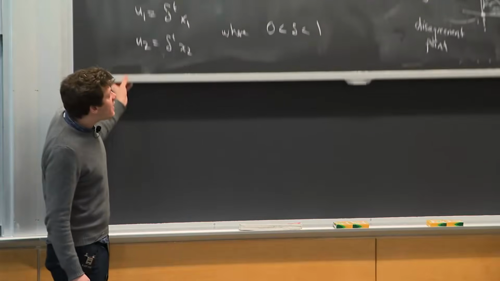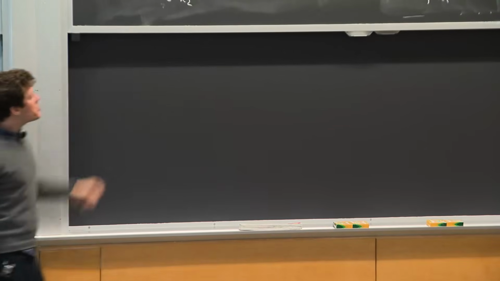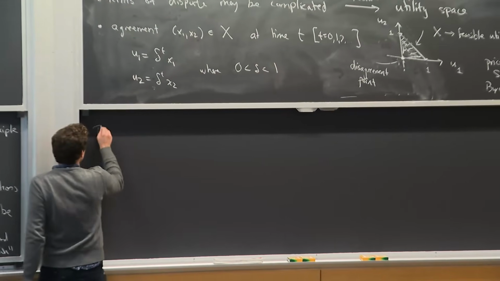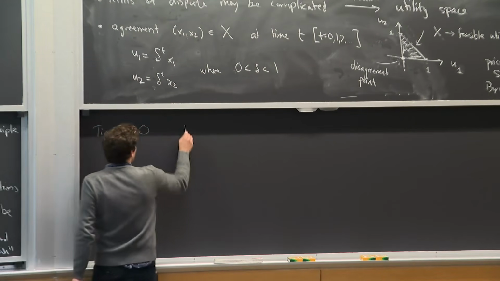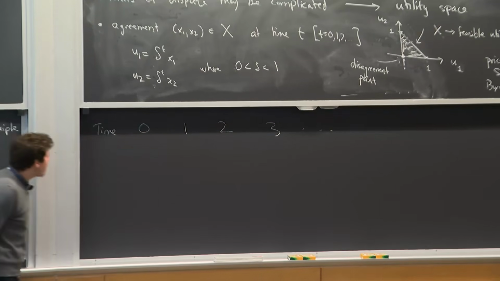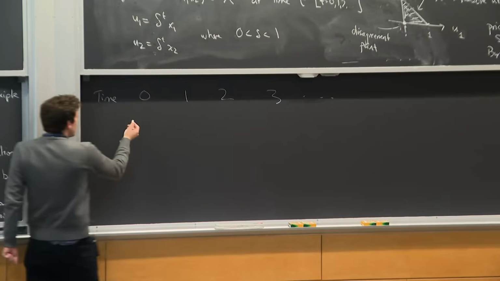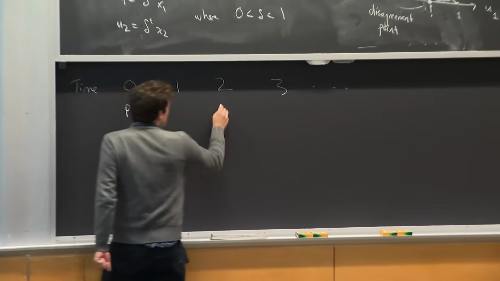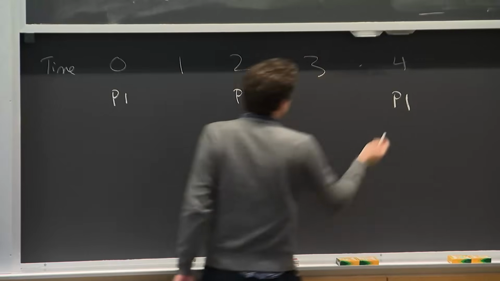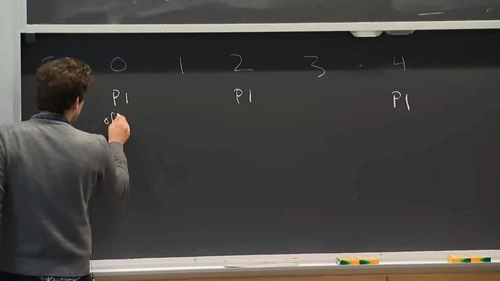Now we have to specify the sequence in which we make offers. And I think the standard way we'll do it is we have time 0, 1, 2, 3, and so on. And it's alternating offers. So let's say that in the even periods, player 1 makes an offer.